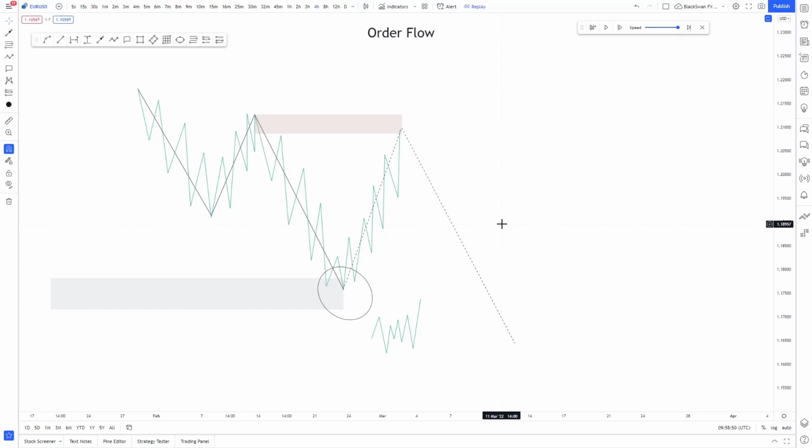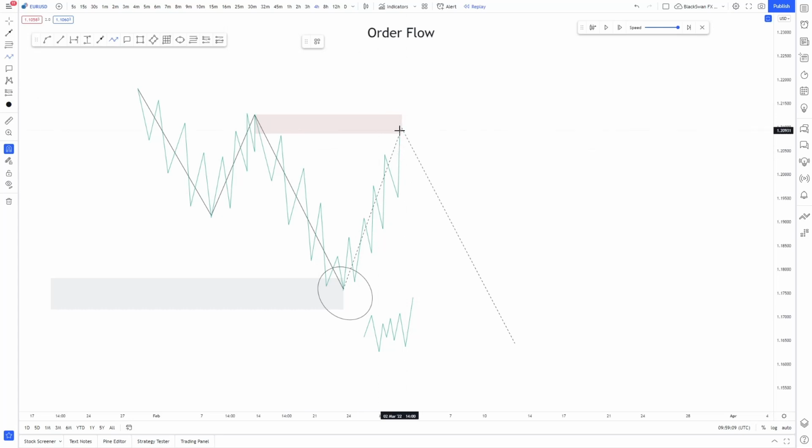Then we can refine our stop losses and have super tight entries to maximize our risk to reward. So this change of character is what we're going to expect to happen when we trade into our daily supply zone.